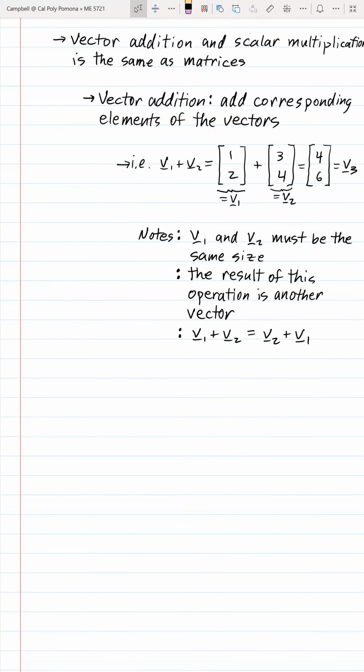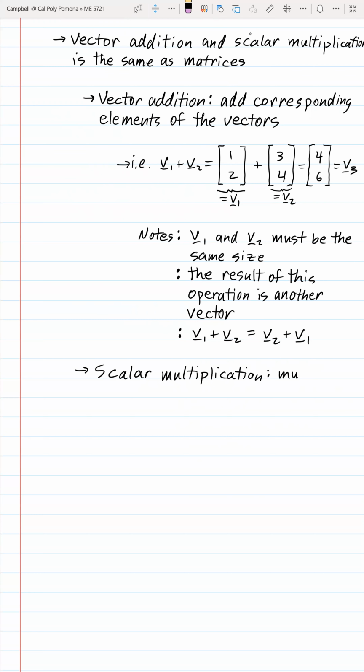Additionally, so that captures vector addition, we can quickly capture scalar multiplication. And here, again, it is no different than what we had for matrices.